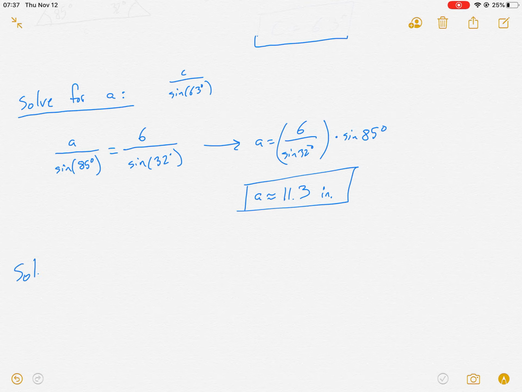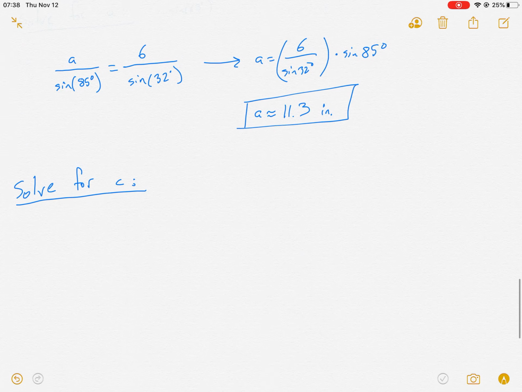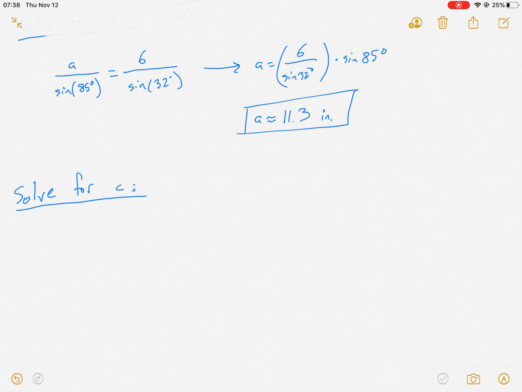Now we're going to solve for C, lowercase c. At this point, it doesn't really matter what I use. I could use A or B since I now have the side length A. If you use A, though, you would have to use the unrounded version, which seems like a pain to have to write all those decimals down. So I'm just going to use B again.